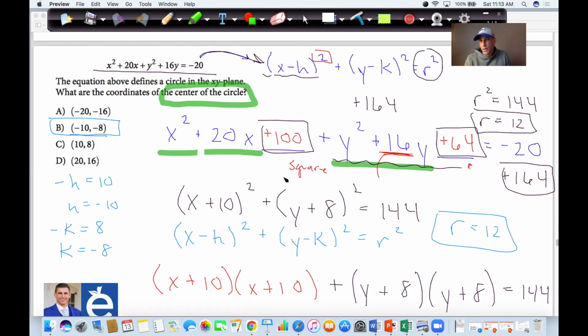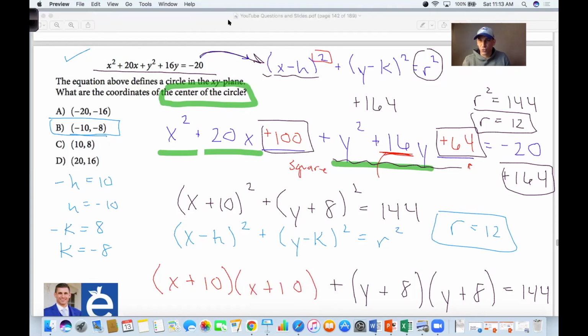Okay, so to be fair, we did one that was fairly easy to medium. This one would be considered an advanced problem. So I hope in a few minutes you guys feel much better with equation of a circle compared to before.